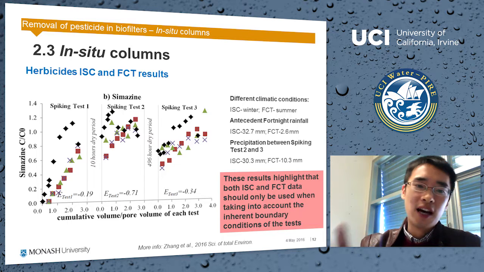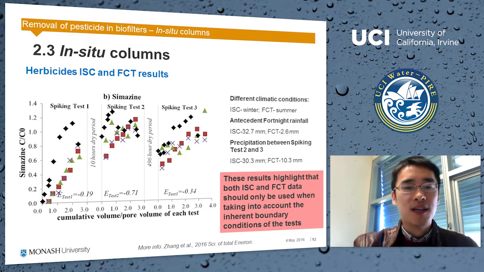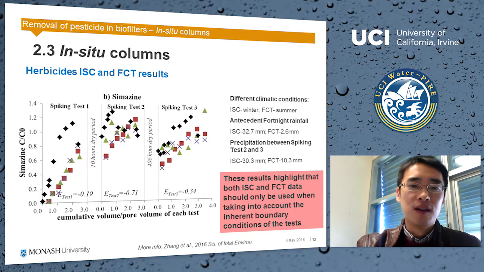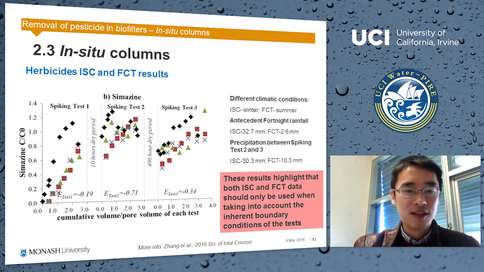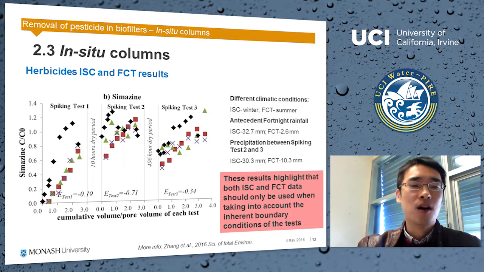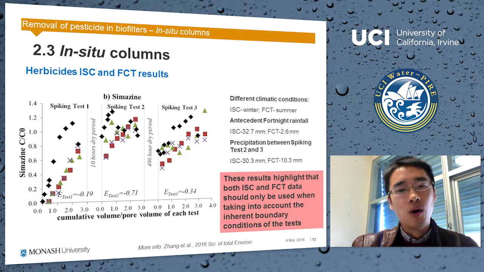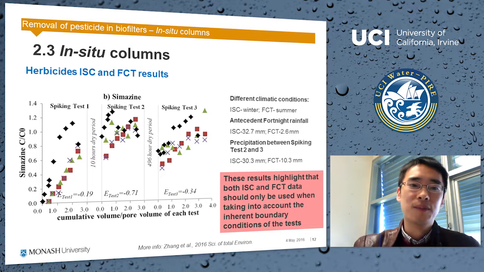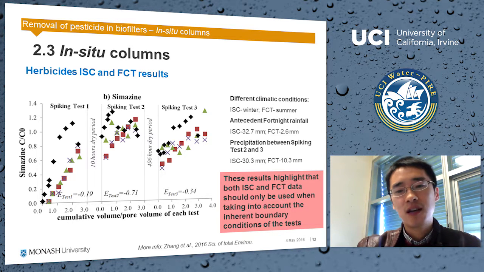As we can see, the in-situ columns are good at mimicking the trend of pesticide concentration over the 3 experiments. However, there are some differences. The in-situ columns always produce slightly lower outflow concentrations than the in-situ challenge test.